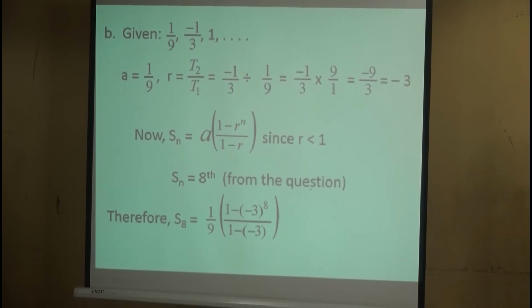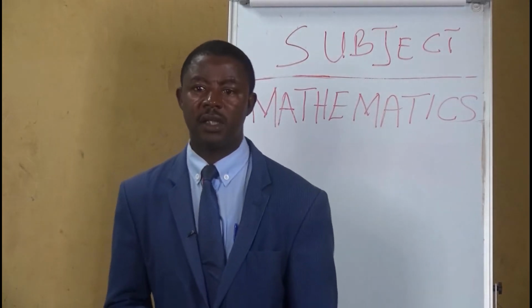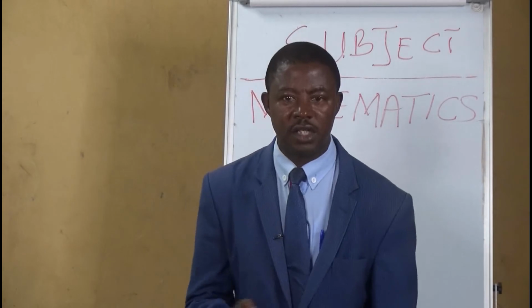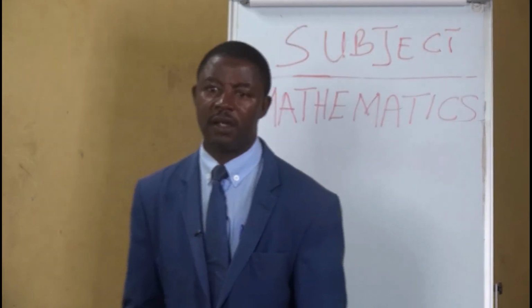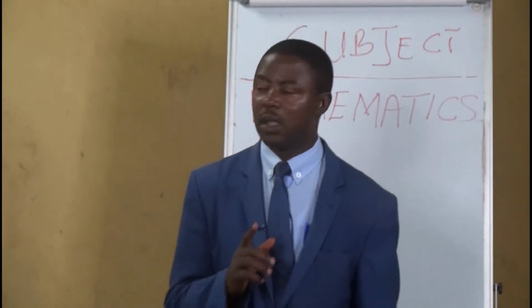So when we substitute accordingly, our T2 is minus 1 over 3 divided by 1 over 9. Now, in mathematical simplification, we have the right to change division to multiplication sign for simple calculation.